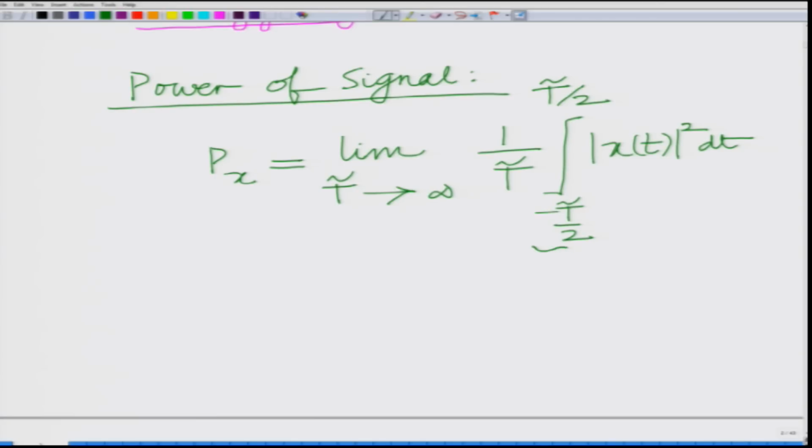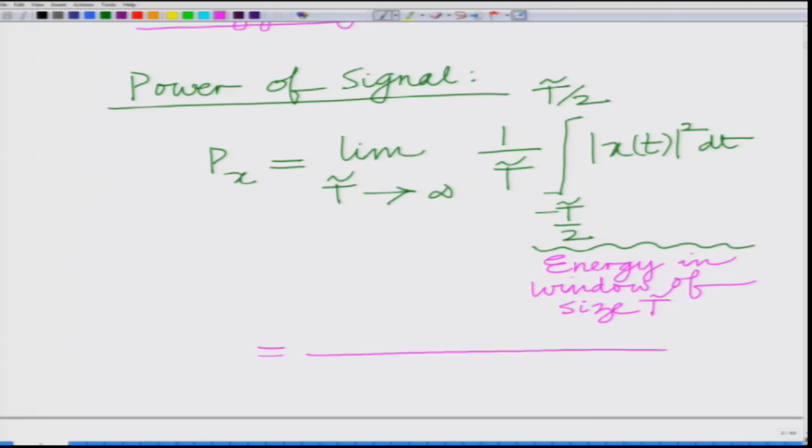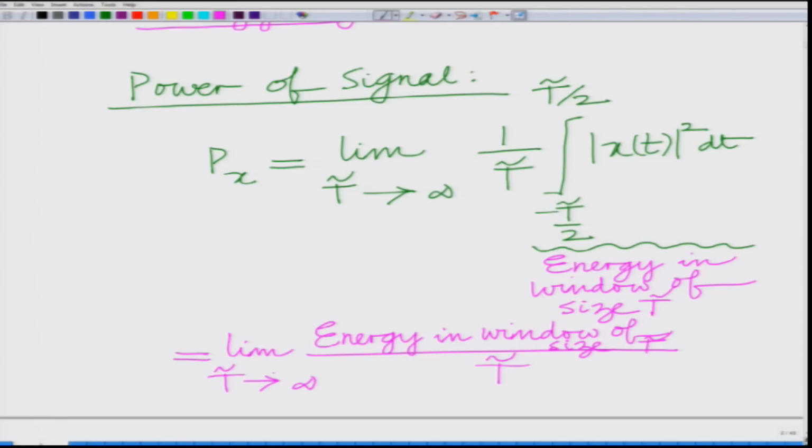If you look at this quantity here, this integral from minus t tilde by 2 to t tilde by 2 is the energy in a window of size t tilde, divided by t tilde, and the limit is taken as t tilde tends to infinity.